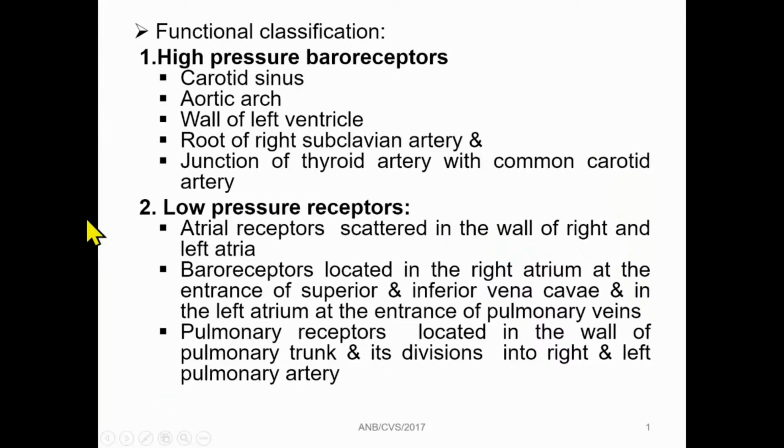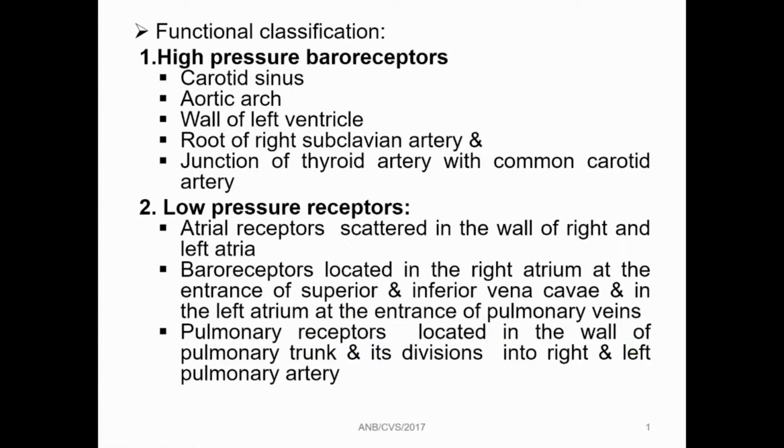There is another category of baroreceptors which are sensitive not only to higher pressure but also to the low pressure changes occurring in the blood pressure. These are called atrial receptors. Mainly they are present in the atria, and hence they are called atrial receptors, scattered in the wall of the left atrium. Baroreceptors are located in the right atrium at the entrance of the superior and inferior vena cava, and in the left atrium at the entrance of the pulmonary veins.